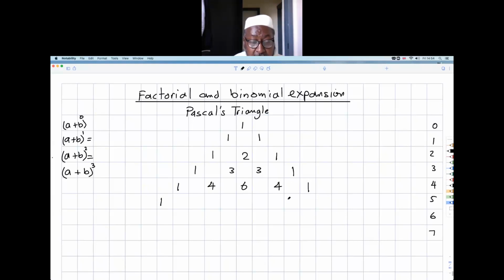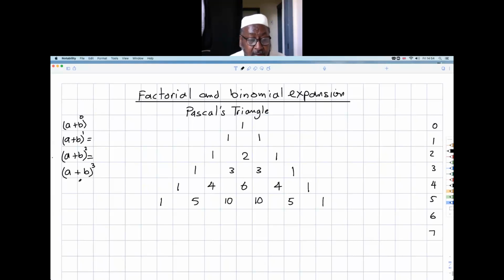We put 1 here and 1 here as well. 1 add 4 is 5, 4 add 6 is 10, 6 add 4 is 10, and 4 add 1 is 5.